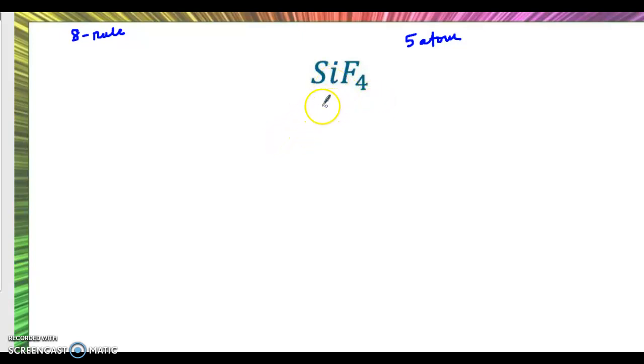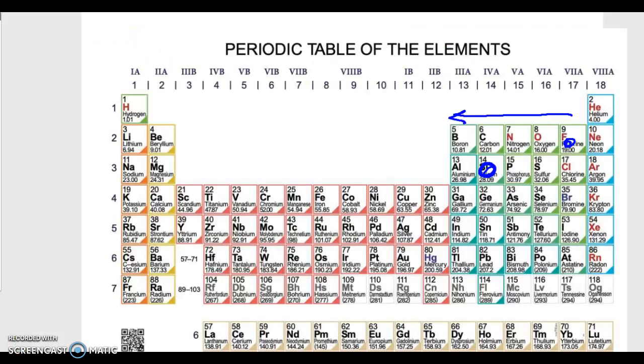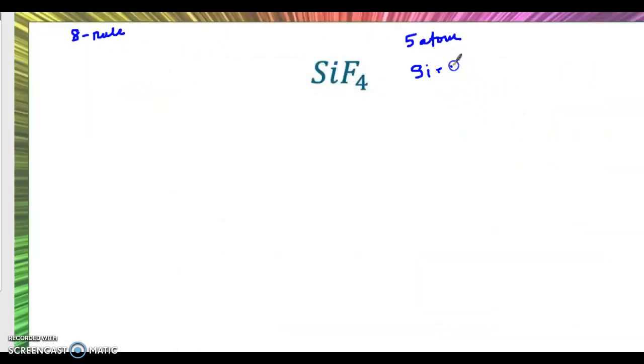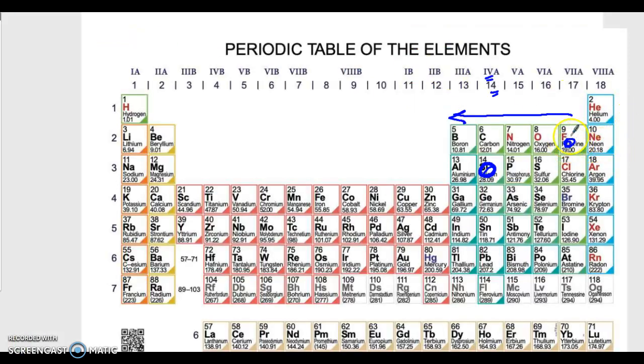So silicon tetrafluoride, we'll start by counting up how many valence electrons there are altogether in these 5 atoms. First of all, silicon is right under carbon on the periodic table. Anything in that column has 4 valence electrons. So that 1 silicon will bring 4 to the party. And then I've got 4 fluorines. Fluorine is a halogen.